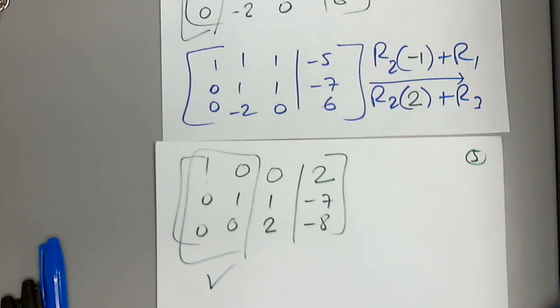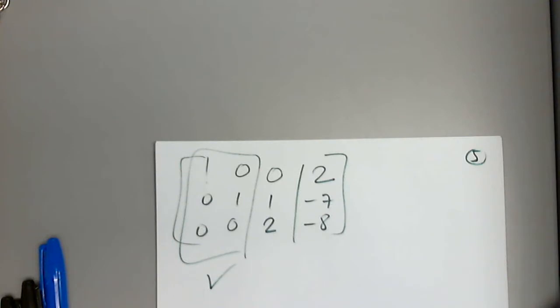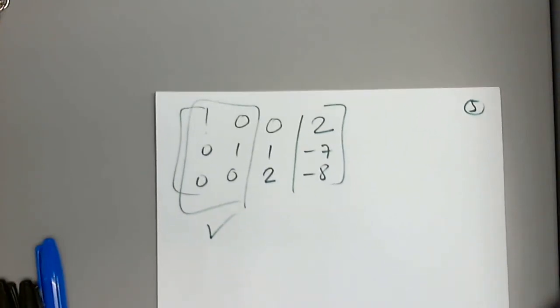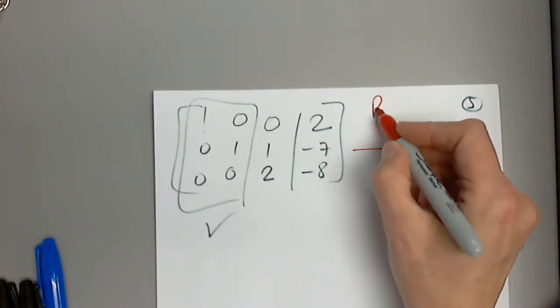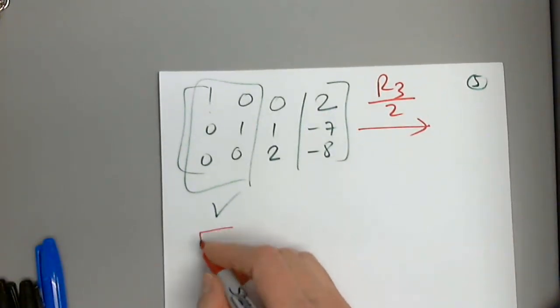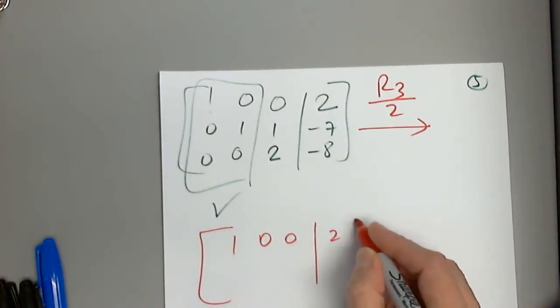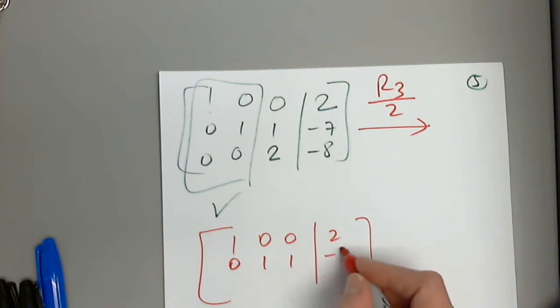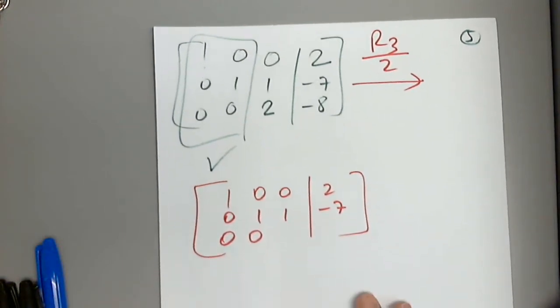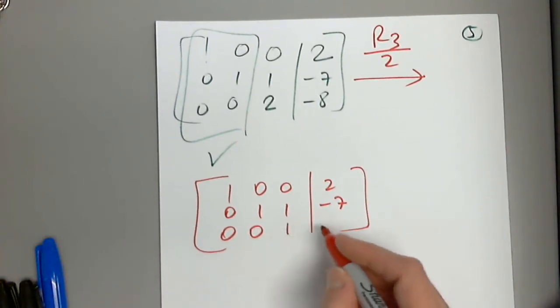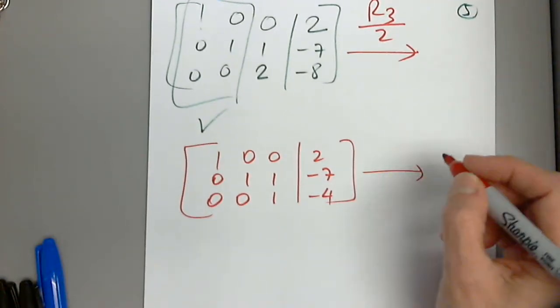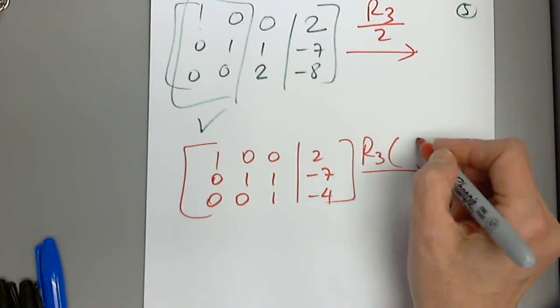Good, where do I look now? The 2. Yes, what do I do with it? Perfect. Row 3 divided by 2. So 1, 0, 0, 2. 0, 1, 1, negative 7. 0, 0. Very good. And the final step, I need to multiply row 3.